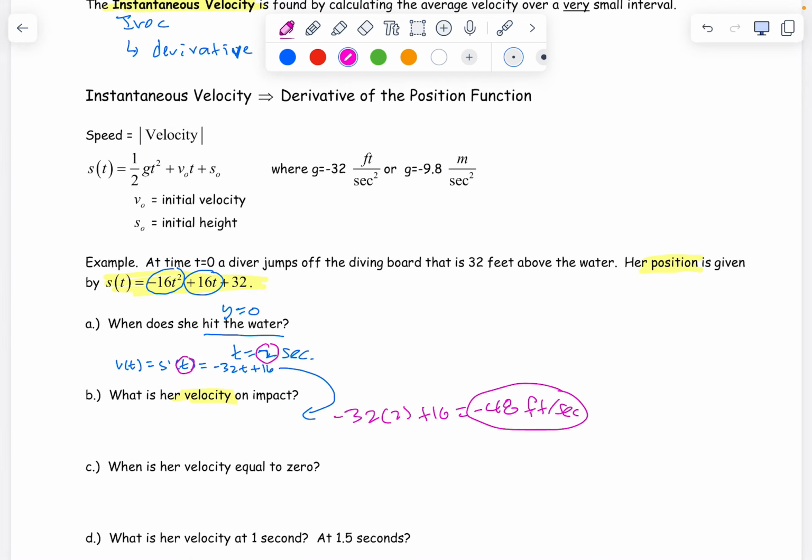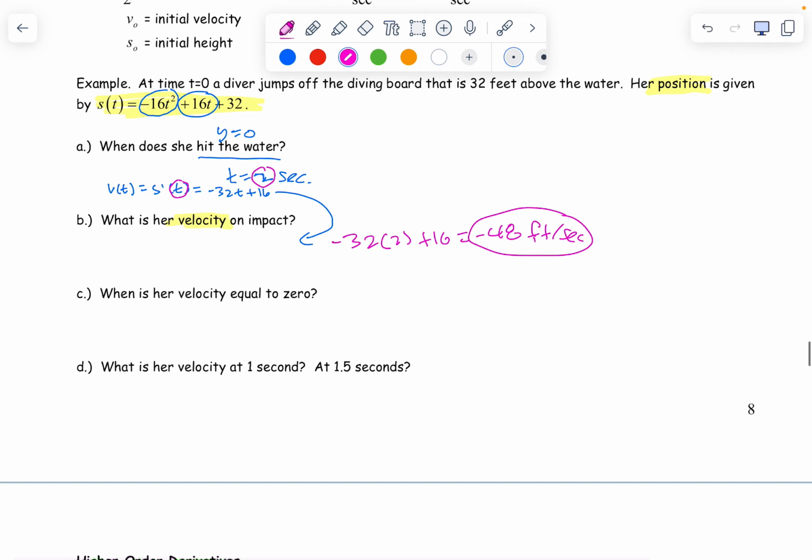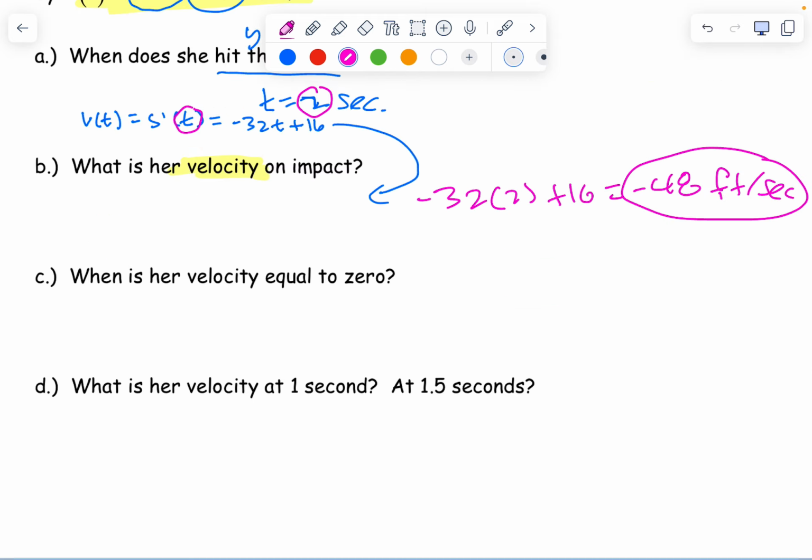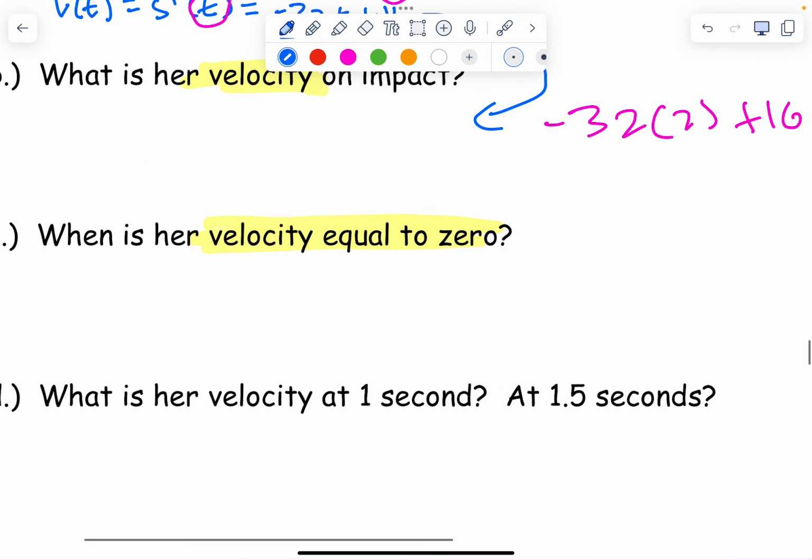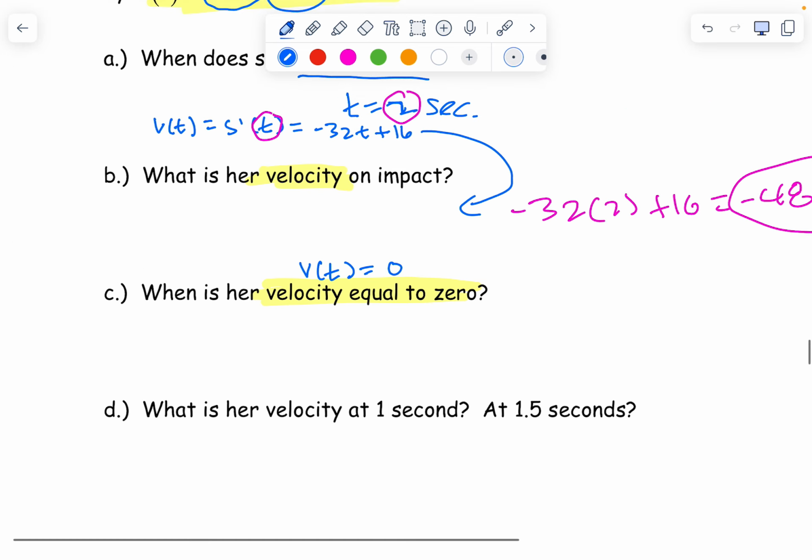Okay. All right. Darius, go ahead and read part C. What is her velocity equal to 0? Okay, so let's highlight the important thing. Velocity equal to 0. They're asking us when, so we're looking for the time, but let's go ahead and notate v of t is equal to 0. So don't we already have the velocity equation that we already found in part B?